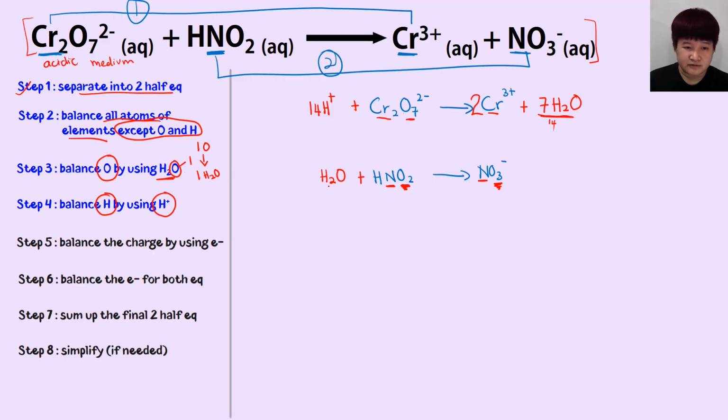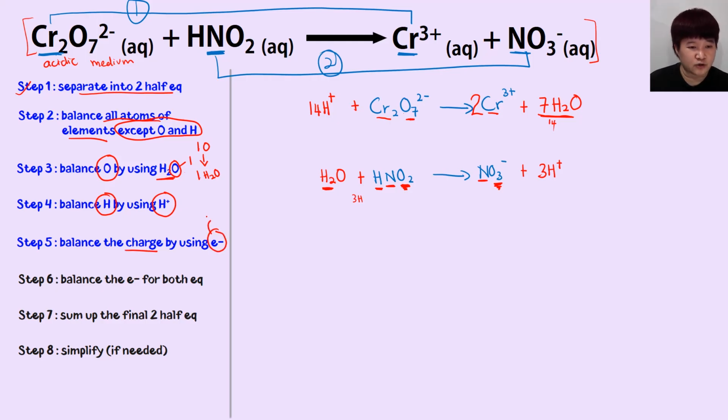In the second half equation, I have H2, 2 hydrogen, and I have H1. So in total, I have 3 hydrogen over here on the reactant. On the product, we don't have any hydrogen. So we add in 3 H+.